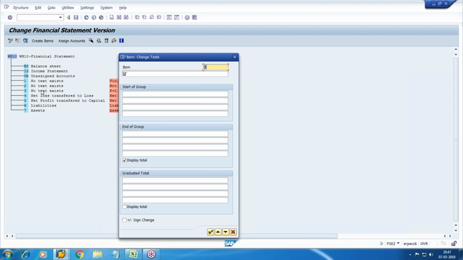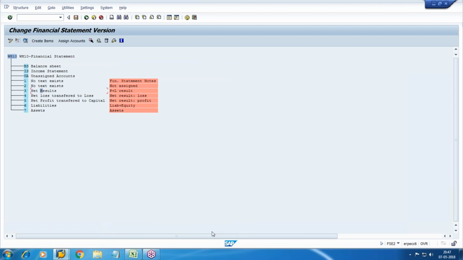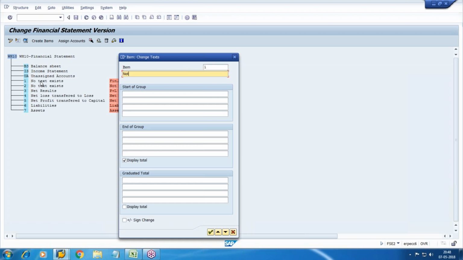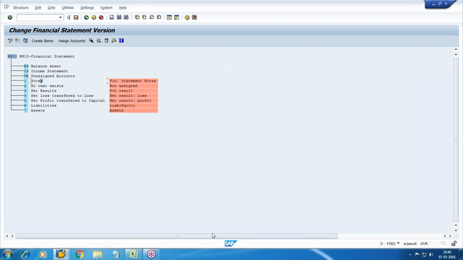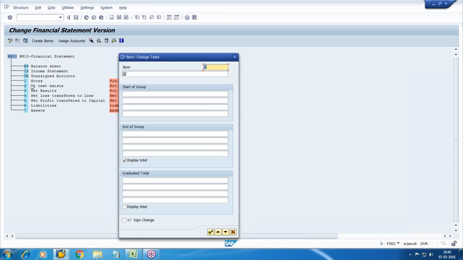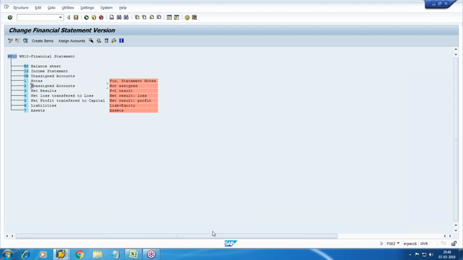What we will name it, net result. Footnotes, unassigned accounts.